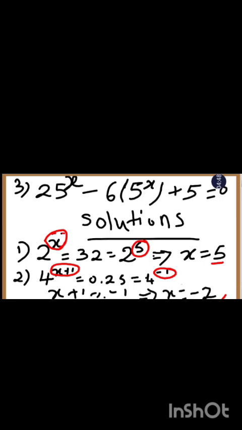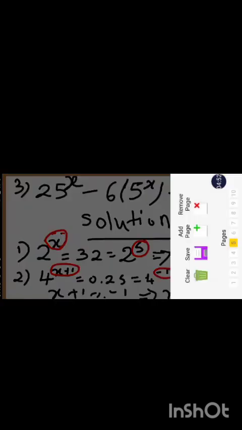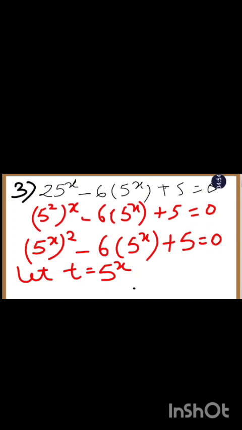Okay, let's look at the third example. 25 raised to the power x minus 6 into 5 raised to the power x plus 5 equals 0.